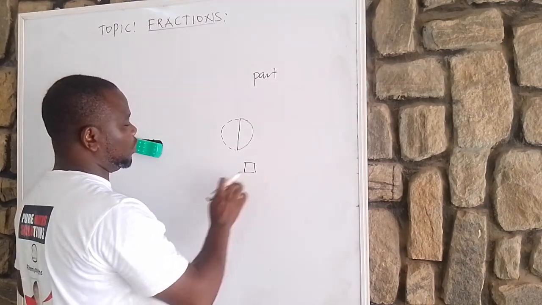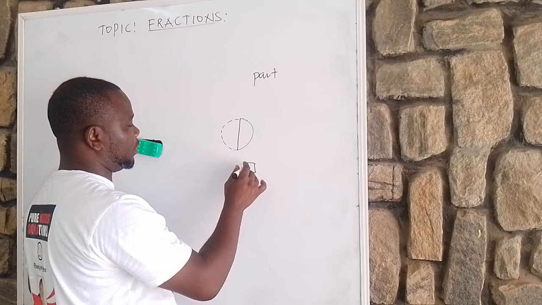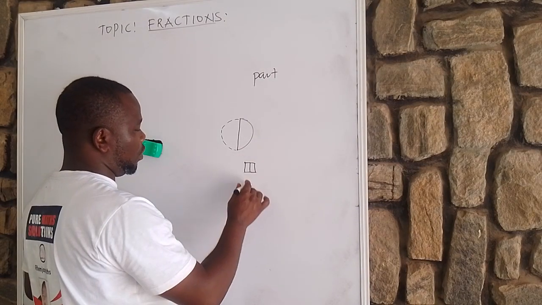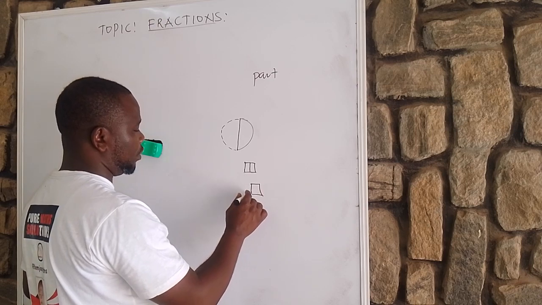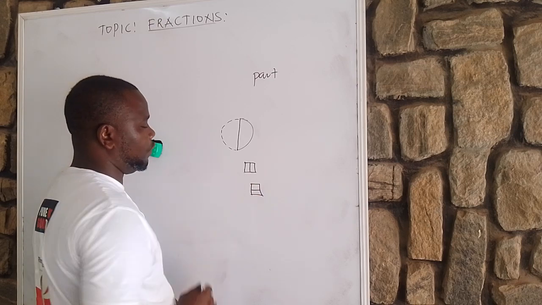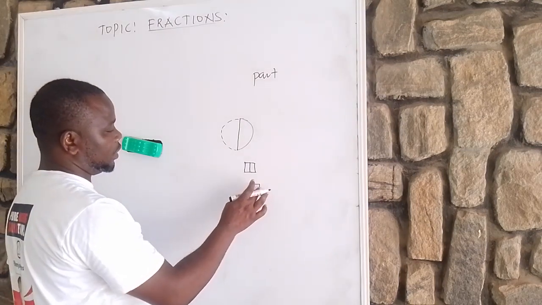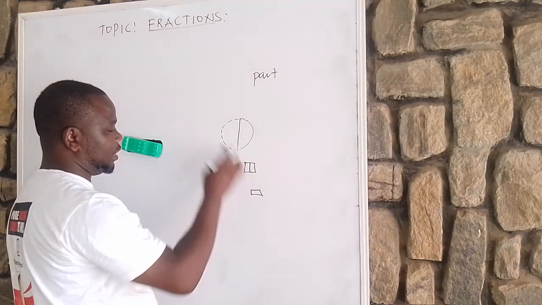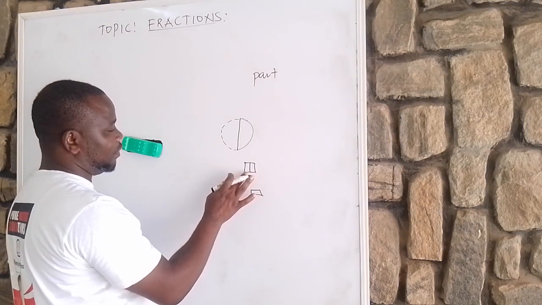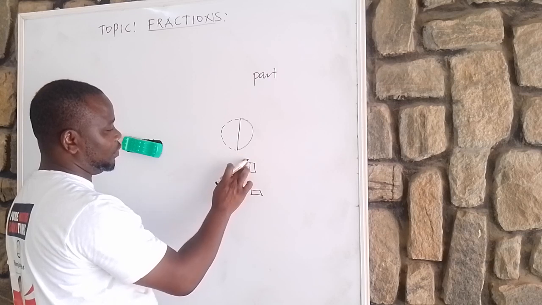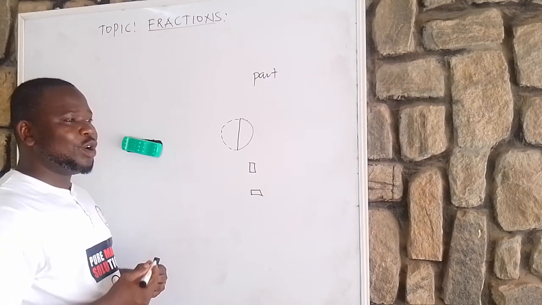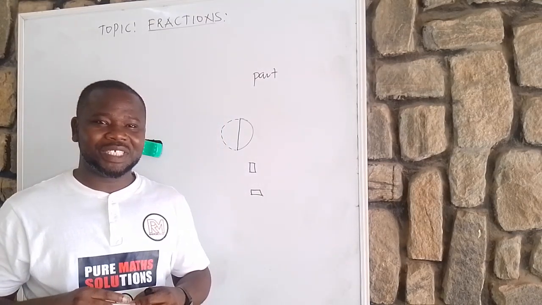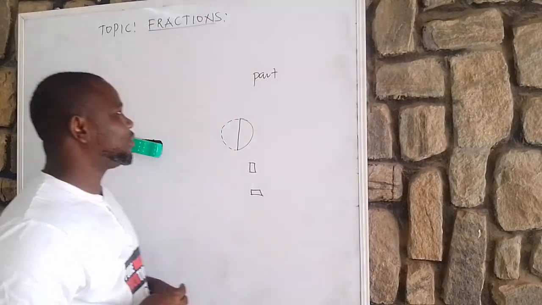Some persons don't use the full mango itself. They either part it this way, or the pattern will be this form. If you part it, it means you have used this side, remainder here. So this is what we call fraction.